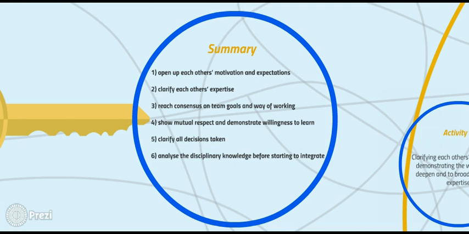These activities, in short, are: open up each other's motivation and expectations, clarify each other's expertise, reach consensus on team goals and way of working, show mutual respect and demonstrate willingness to learn, clarify all decisions taken, and analyze the disciplinary knowledge in depth before starting to integrate.